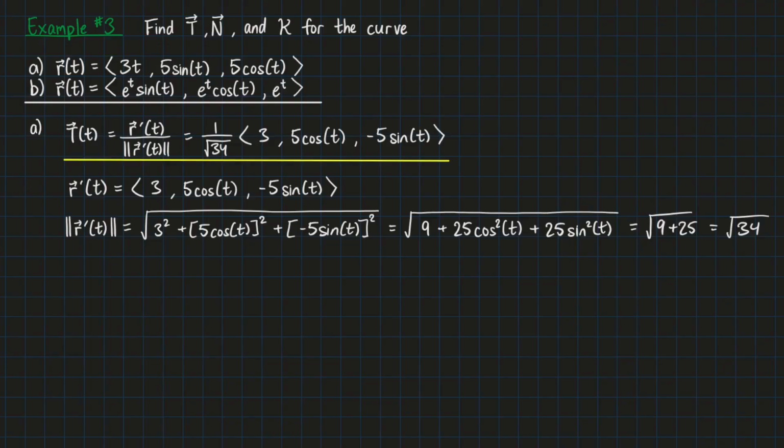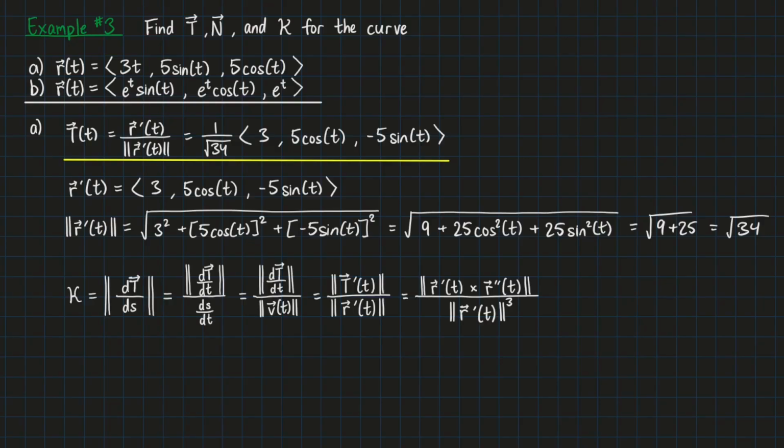The next thing we should solve for is the curvature, and let me bring up the formulas from earlier. We already know what the magnitude of r'(t) is, and we have T(t). The term that is best to find curvature given what we have right now is this one. From here, we can just take the derivative of unit tangent T and then take the magnitude of that.